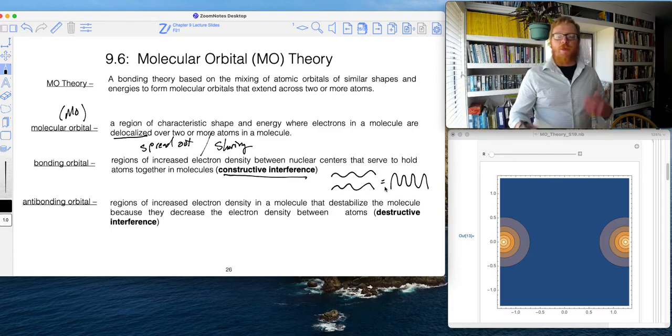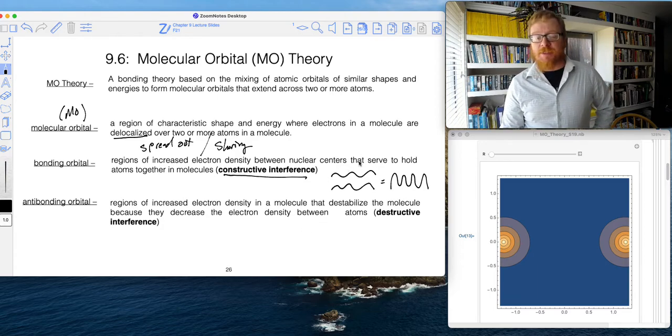So we think of these orbitals as having wave properties. When we have two atomic orbitals overlapping in this way, they're going to create this constructive interference that we call a bonding orbital.